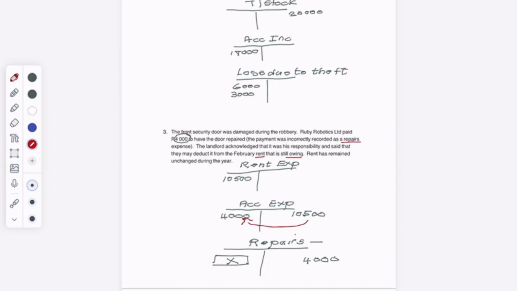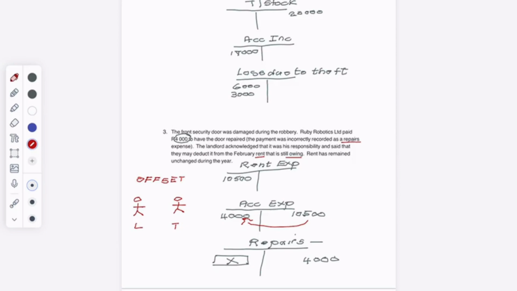So I just want to spend a minute looking at this transaction and what has happened here. And what has happened is called offset. You've got two transactions or two people, two parties and two transactions going on here. You've got the landlord and you've got the tenant.